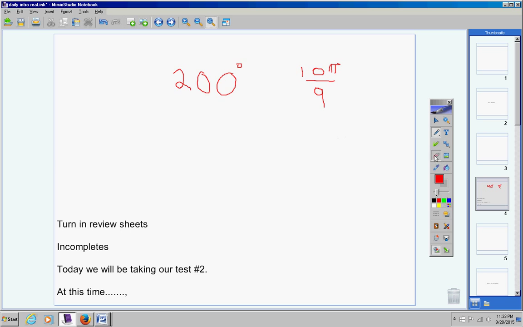On number 9, listen carefully. When I say give me 2 different answers, I want 2 different answers because there's 2 quadrants in which when you take the cosine of an angle, you get a negative answer. So I want 2 exact solutions, no decimals. Number 10, use a calculator to solve for the cotangent of, well, I almost said it out loud, but use a calculator. Once again, give 2 answers.